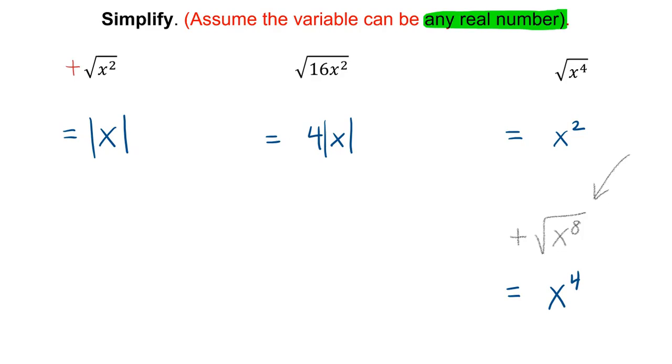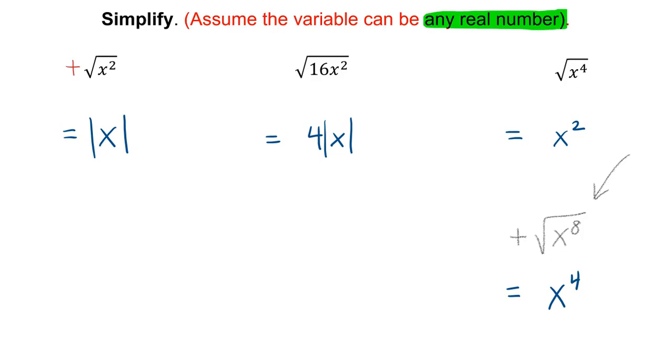So whether x is positive or negative, raising a positive or a negative number to the fourth power guarantees that our expression x to the fourth is a positive number, which guarantees that this is the principal square root of x to the eighth, and absolute value bars are not needed.